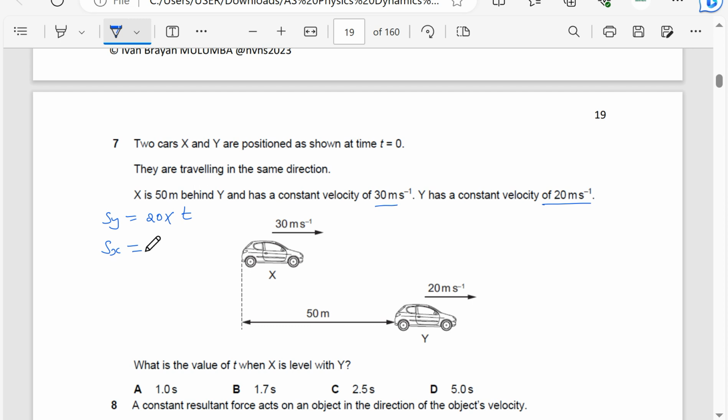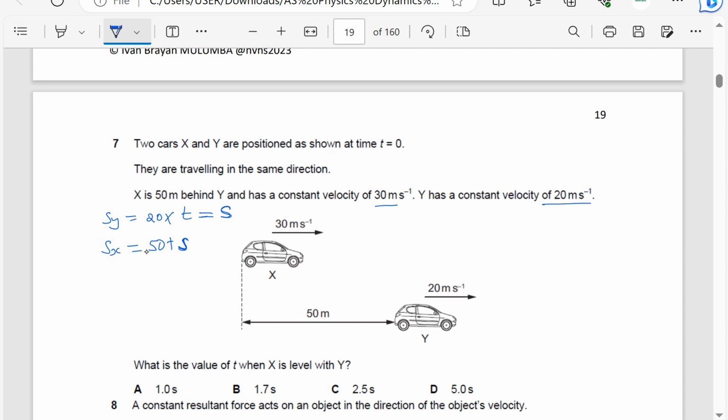So the distance for X is going to be 50 plus the distance Y will have covered, which I'm going to call S. If Y travels a distance 20 times t, then by the time they level, they must have traveled for the same time, which I've called t.